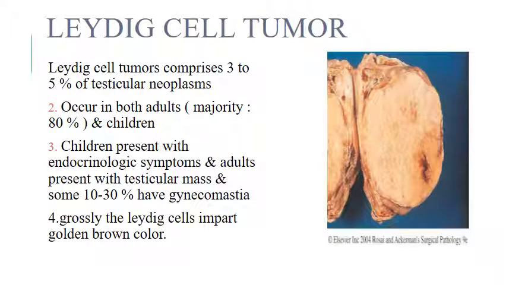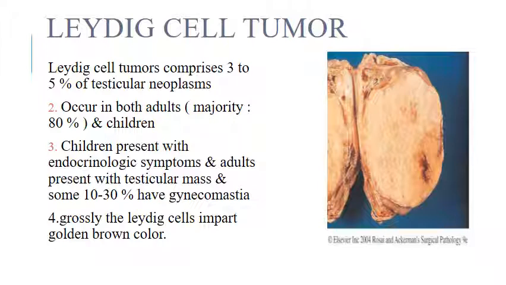Coming to Leydig cell tumor, Leydig cell tumors comprise 3 to 5% of testicular neoplasms. They occur both in adults and children. Children present with endocrinological symptoms and adults present as testicular mass and have gynecomastia.